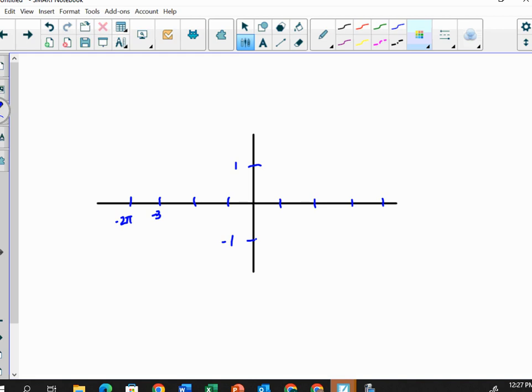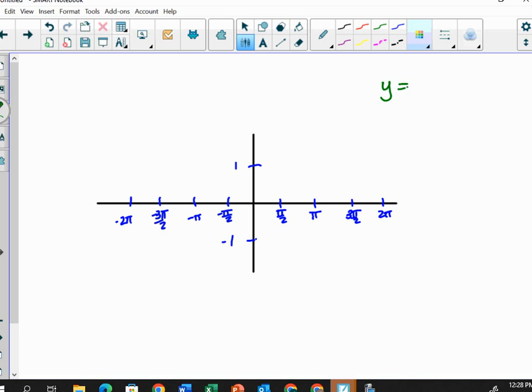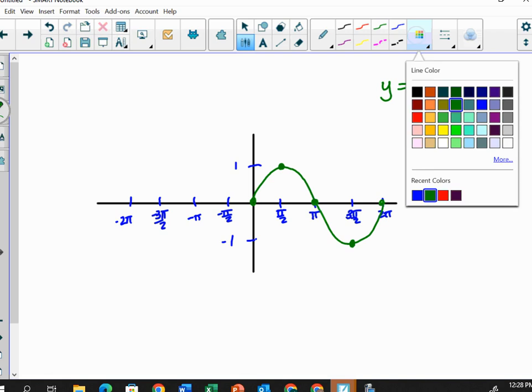I'm using regular labels here. In green, I'm going to graph just your parent graph of sine. I'll do it on the right side. Everybody okay with that?